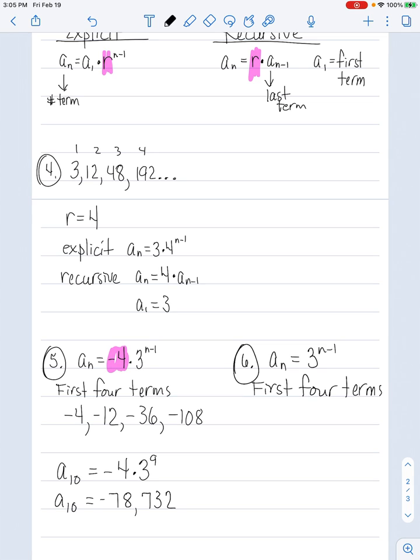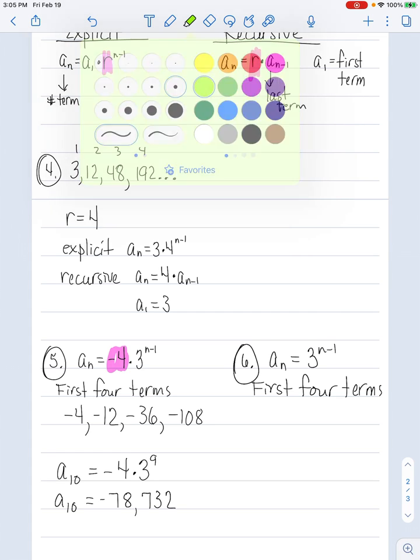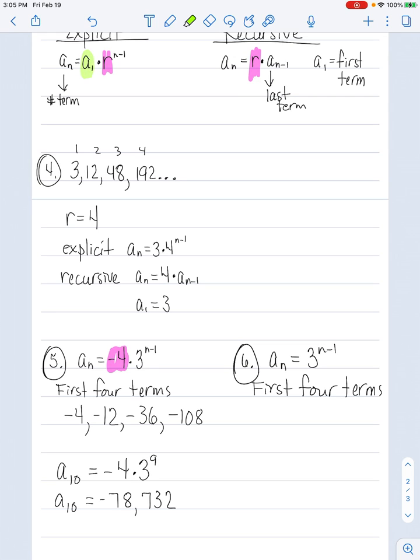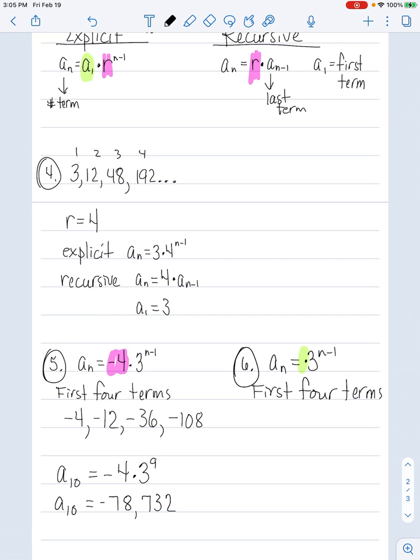Well, based on what we learned, this looks like an explicit formula, and the first number is our a sub 1, or our first term, but there's nothing there. So think about our work with exponential functions. If there's nothing there, there is something there. It's an understood or invisible 1. So my first term in this sequence is 1.